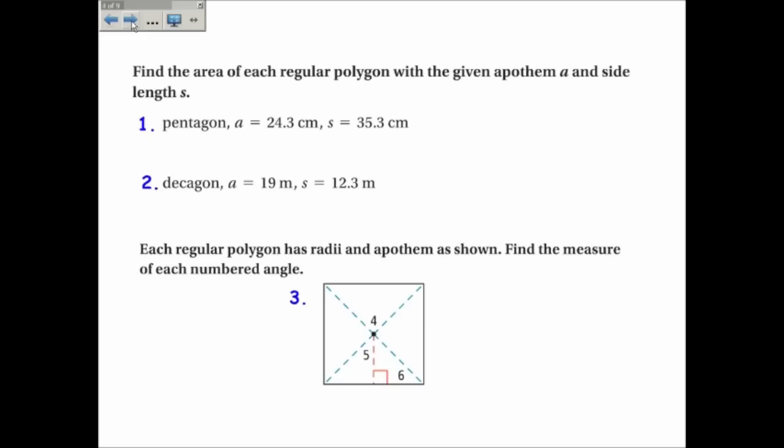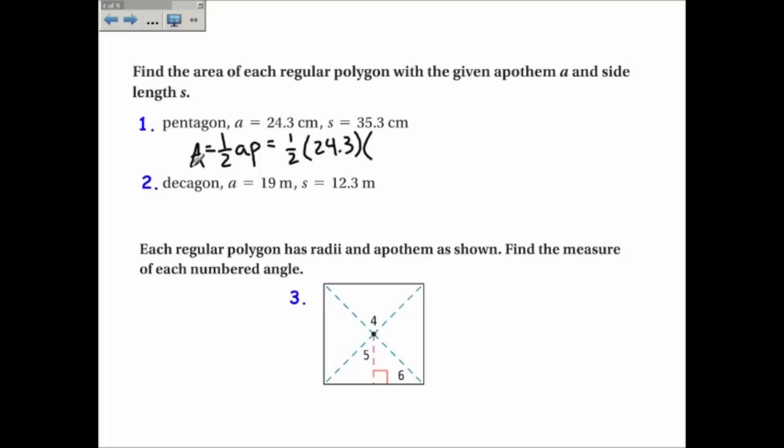So to find the area of some regular polygons where we're given the apothem and the side length, number one's about a pentagon. Again, it's 1/2 apothem times perimeter. The apothem we're given, it's 24.3 centimeters. The perimeter we'll get from the side length and how many sides there are.